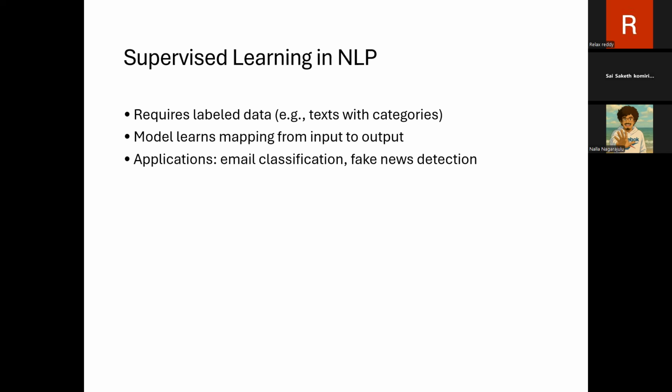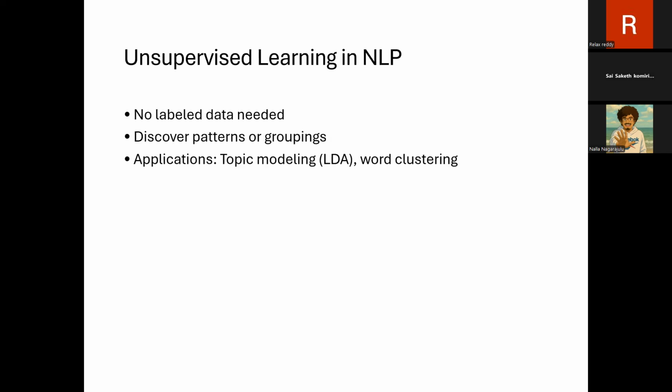And then when it comes to unsupervised learning in NLP. Unlike supervised learning, it works without labeled data. Instead of being told what to look for, the model tries to find the patterns and structures on its own. One popular use in NLP is topic modeling.